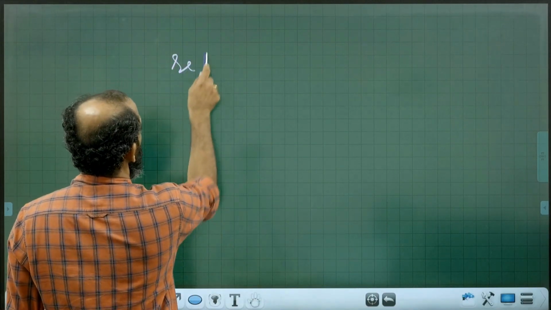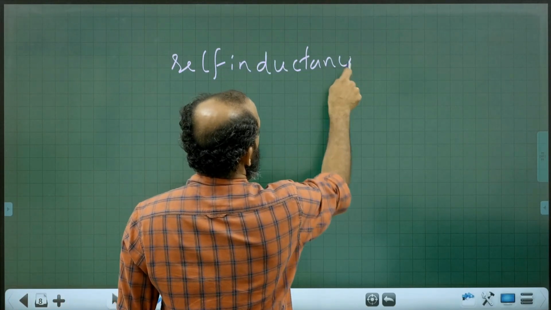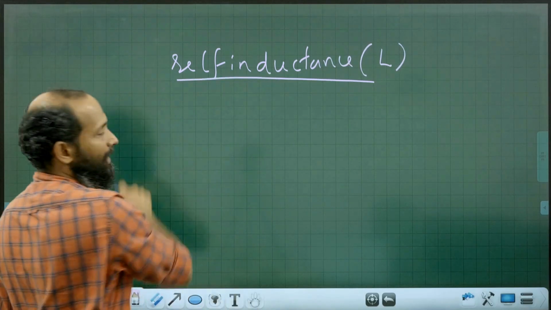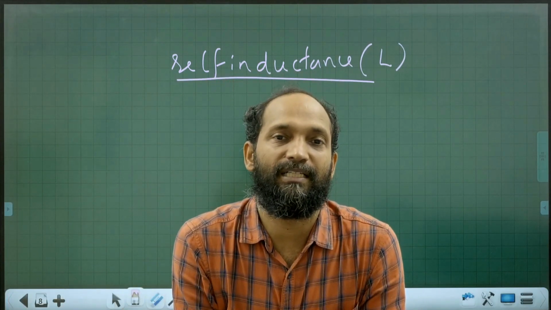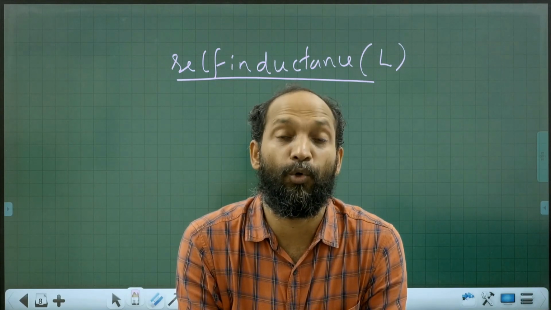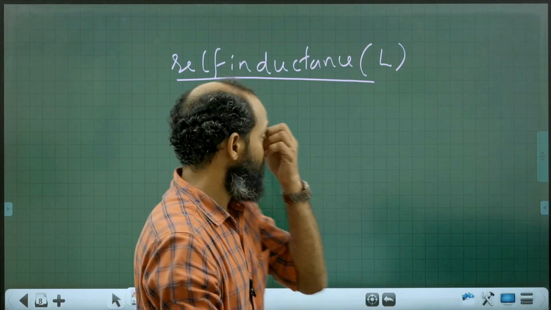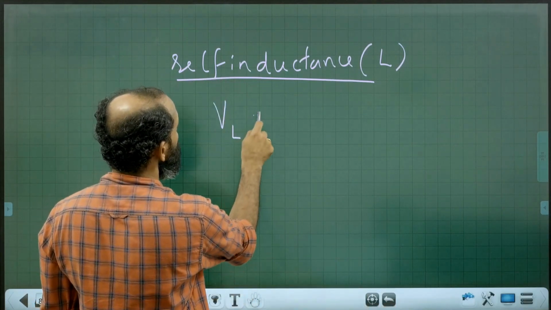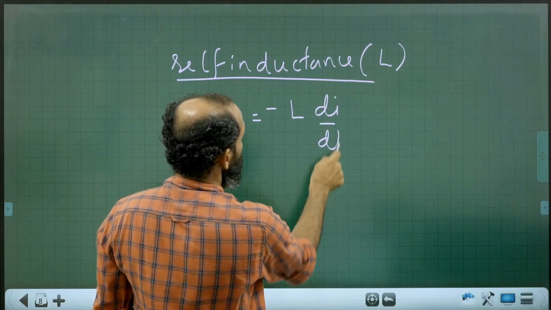Now, inductance, self-inductance, letter L. What do you mean by inductance? It is the phenomenon by which a coil opposes growth or decay of current through it. The formula for self-induced EMF in a coil is minus L di by dt.